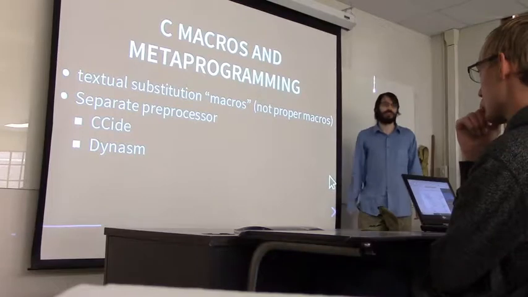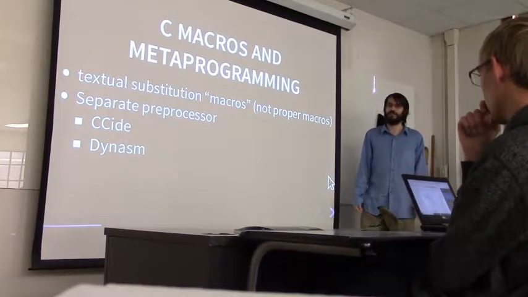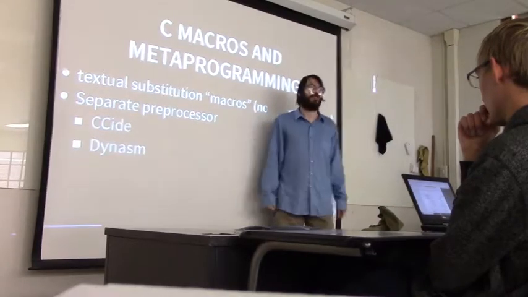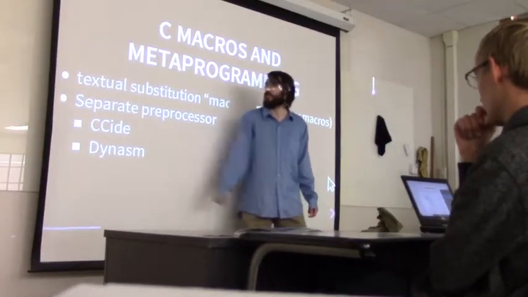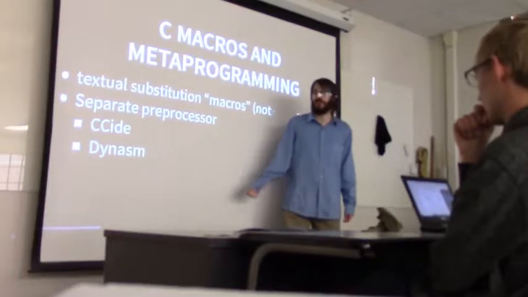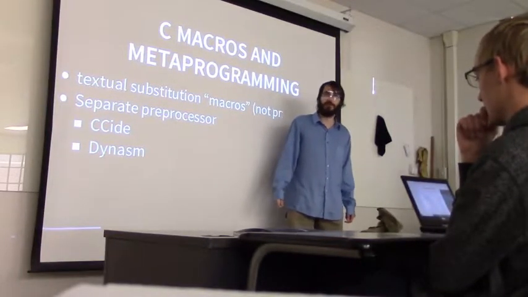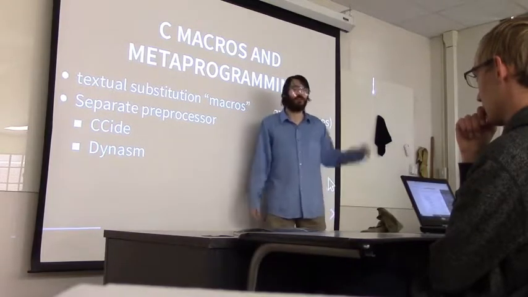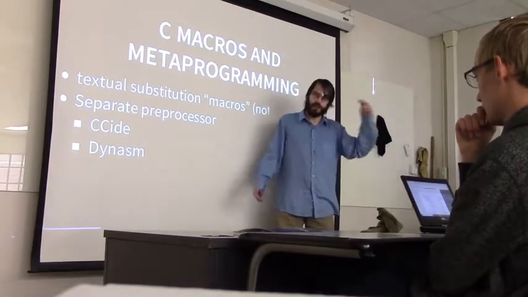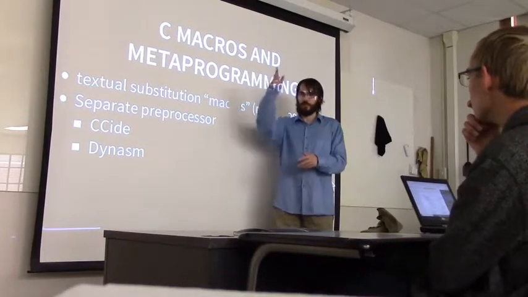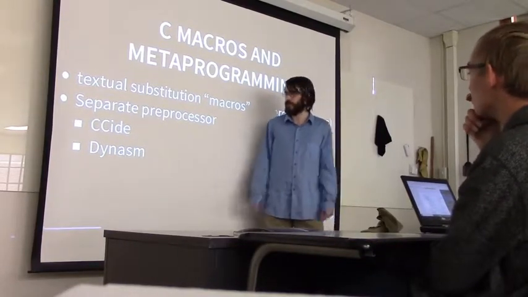Calling them macros is an insult to the term macro. Or you can use a separate preprocessor. Something like Seaside, which is something from the GNU project that allows you to write a logic table or a lookup table in the comments, and then it will expand it into a ton of branches, checking all of the conditions to figure out optimally which set of actions to perform for it.